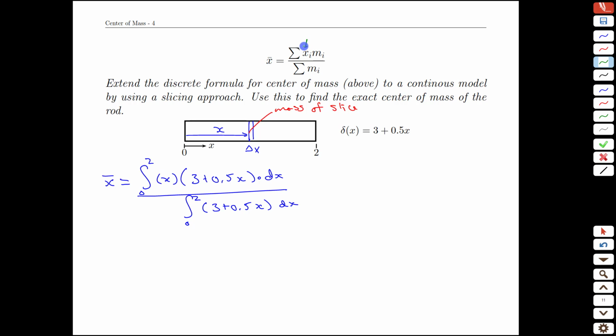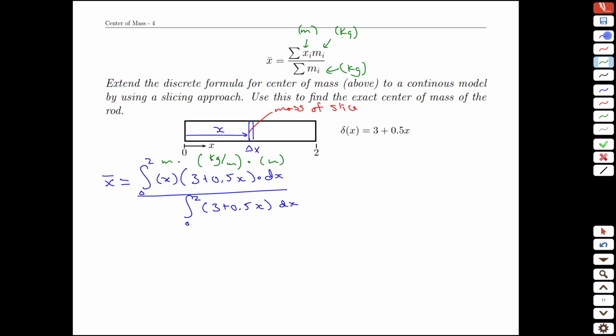In the original scenario, we had meters distance, and we had kilograms for our masses, and we divided by kilograms. When we cancel all that out, we end up with meters. The same thing is happening here. We have meters on top, and then these two terms together, one is kilograms per meter, and the other one is in meters as well, meters of length.